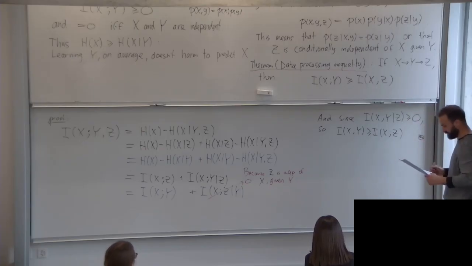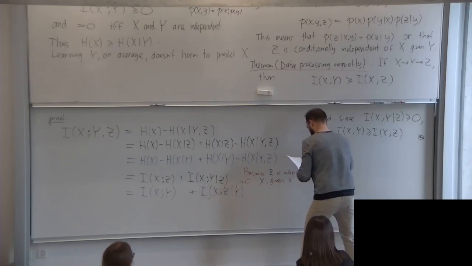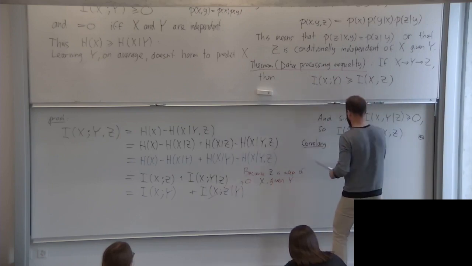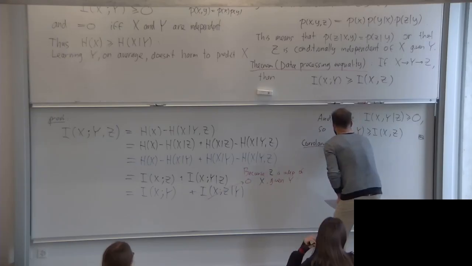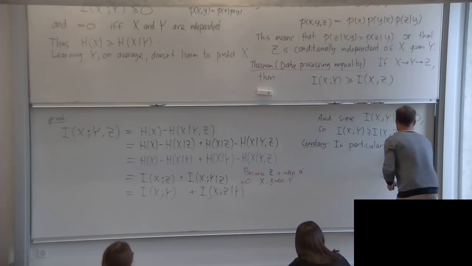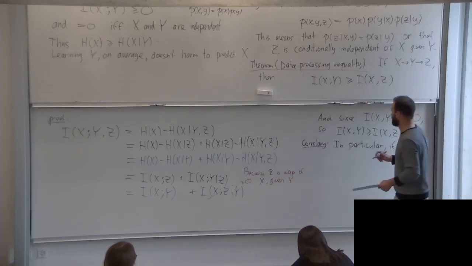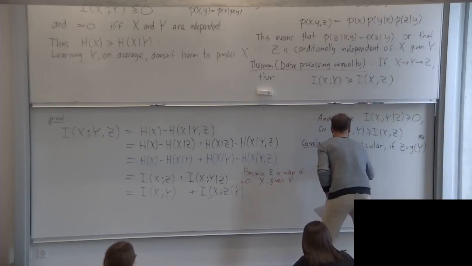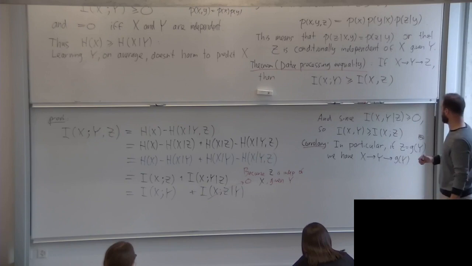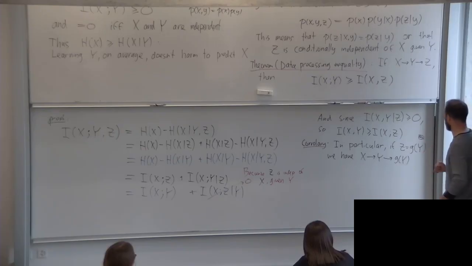We have a corollary. In particular, if z is equal to some function of y, some deterministic function of y, we have a Markov chain, because g of y is conditionally independent of x given y, correct?